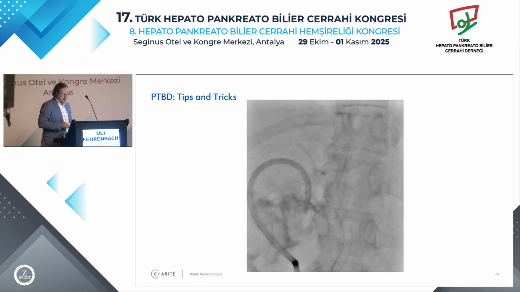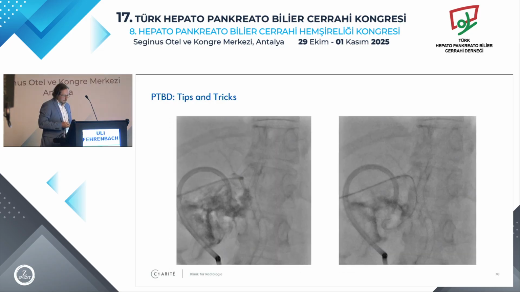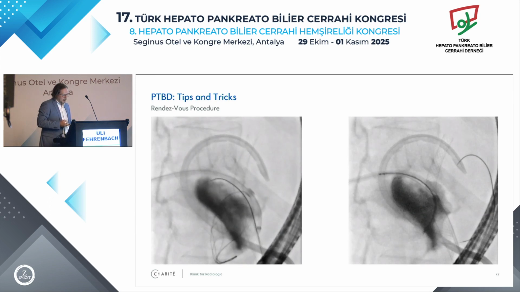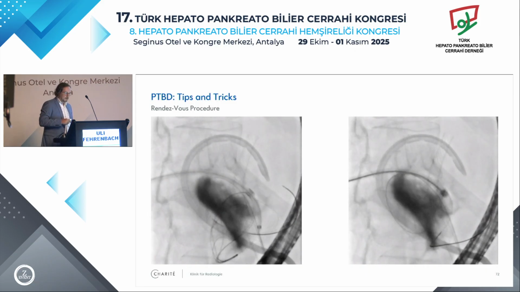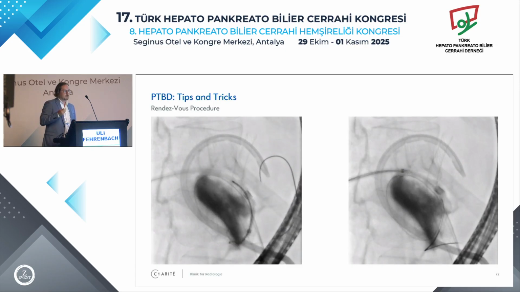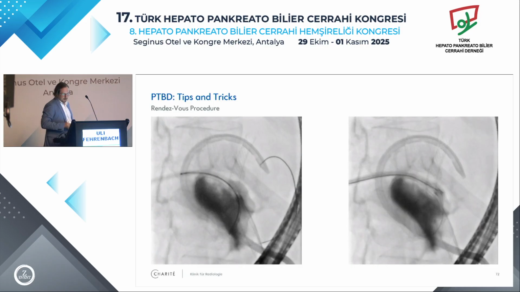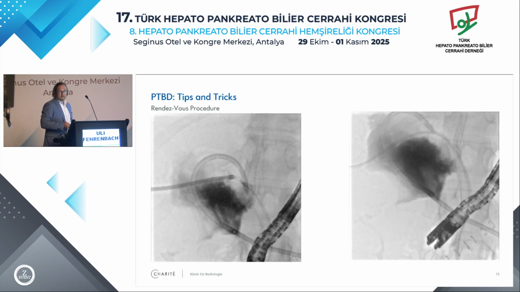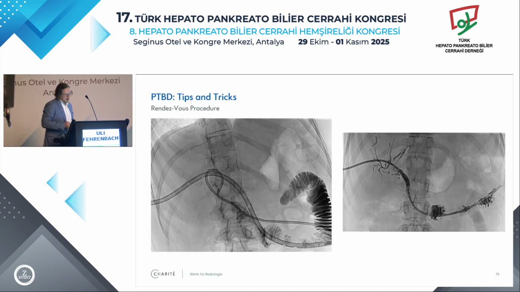So we put in the wire inside of the bilioma, and then the endoscopist comes and also goes into the bilioma with another wire so that it can be fetched with a snare, and then we have a pull-through wire and can insert a stent, or in this case, a drainage. These are the images after the rendezvous procedure.